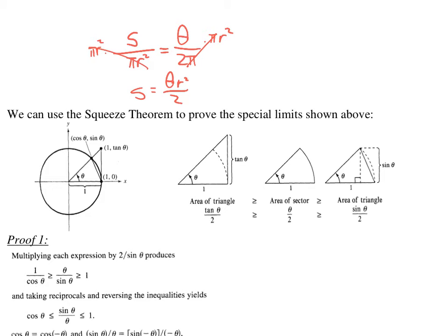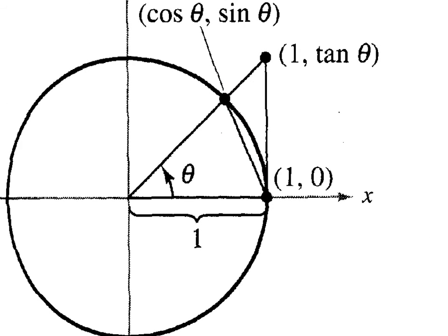One that we know will always be smaller than the sector. Okay? Because we're using a chord here. And the chord will always lie inside the circle, so it will always be a little bit smaller than whatever that sector is.